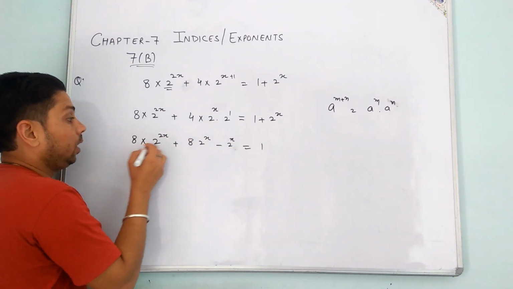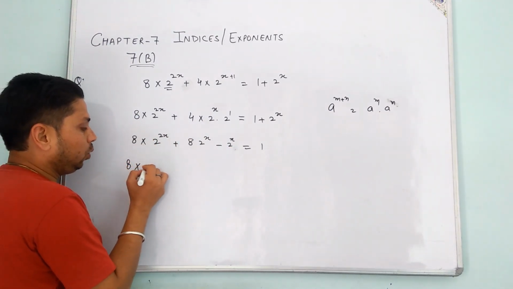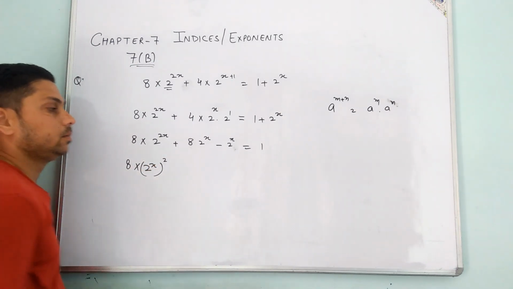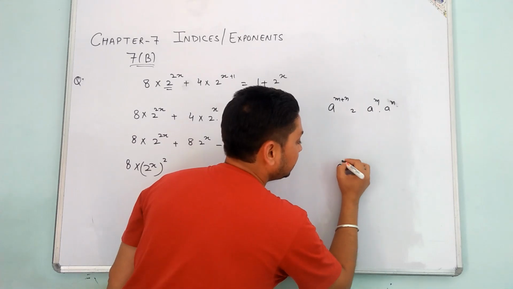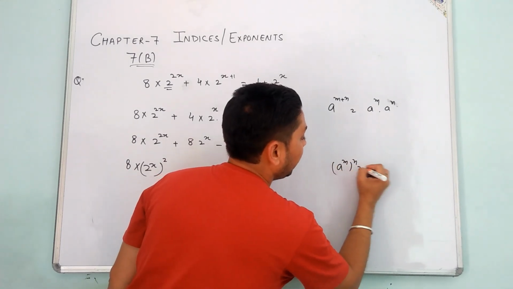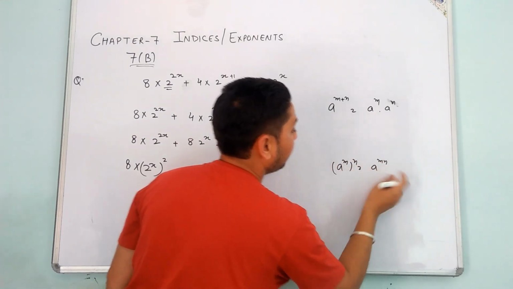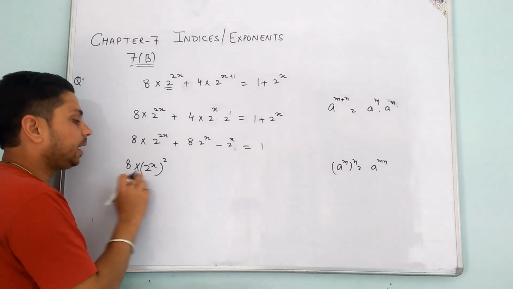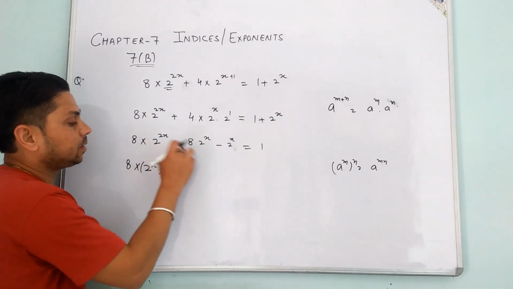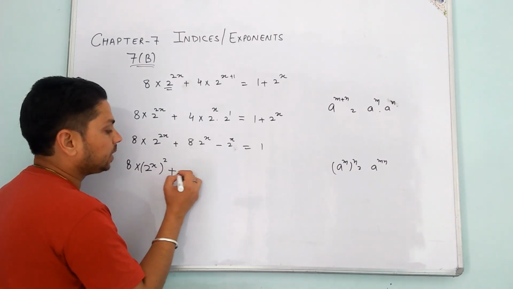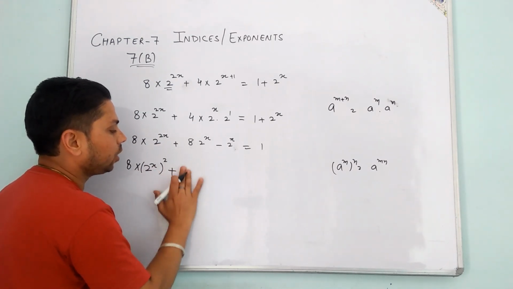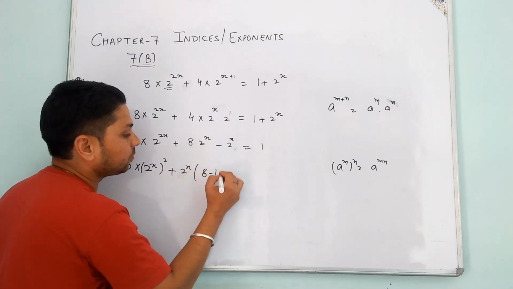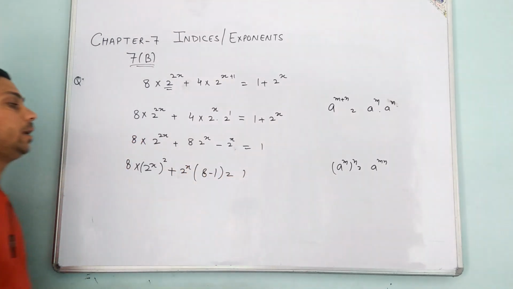Now 8 into 2 raised to power 2x, I can write it as (2 raised to power x) whole square. I am reversing the property a raised to power mn. Writing it as 8 into (2 raised to power x) whole square plus 8 into 2 raised to power x minus 2 raised to power x, taking 2 raised to power x common, it will give you 8 minus 1, that is equal to 1.